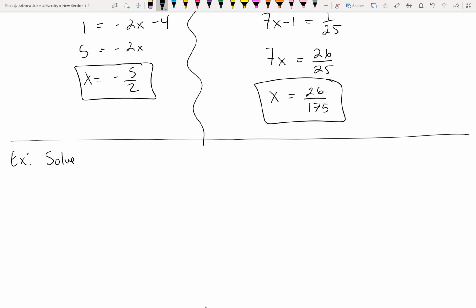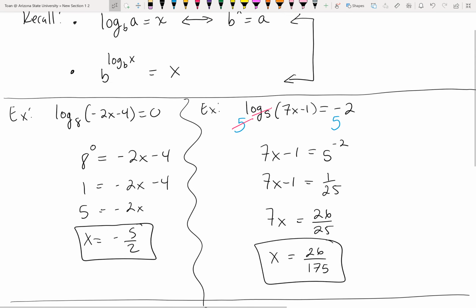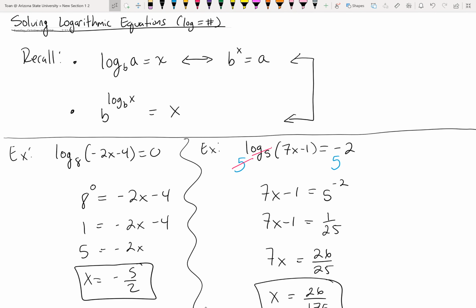Suppose I ask you to solve negative 6 plus 3 times log base 4 of negative 2x plus 5 equaling 0. What would be our plan of attack? We'll note at the very beginning: all of our concepts will only work if we have one log equaling one number.